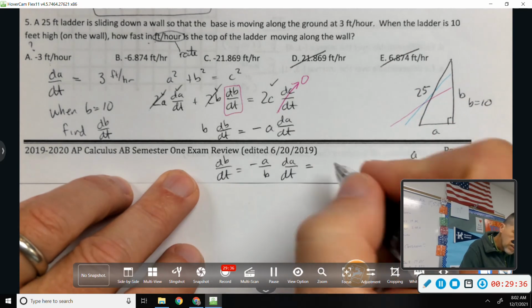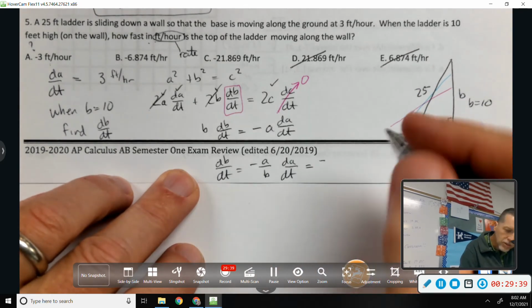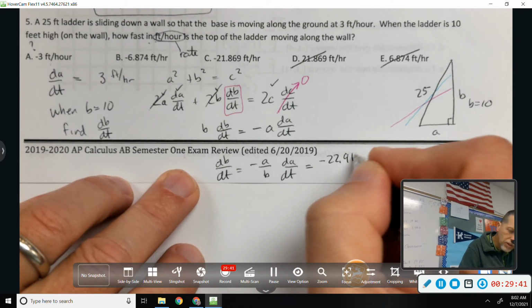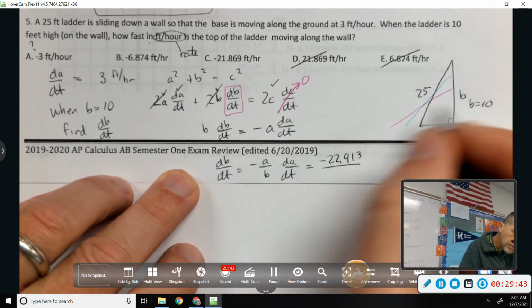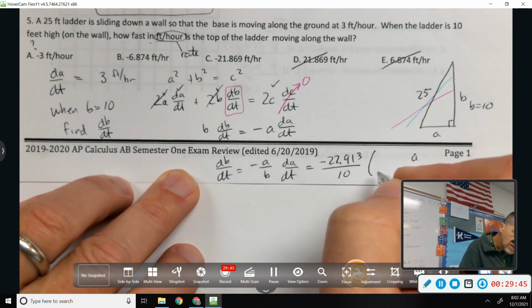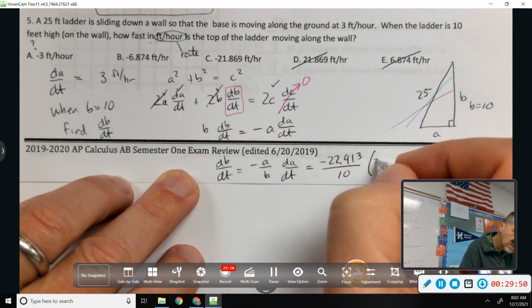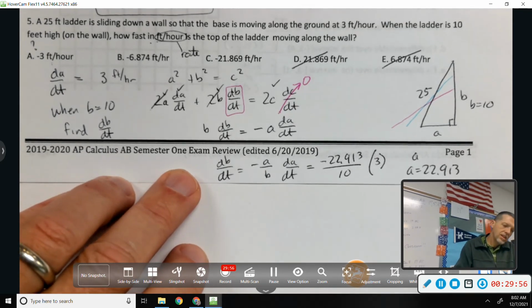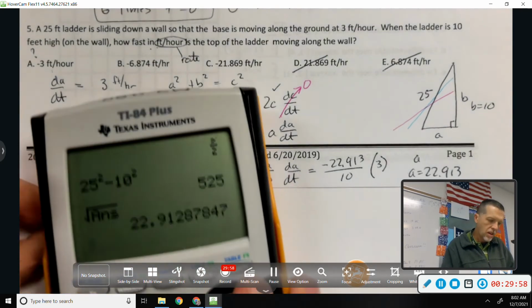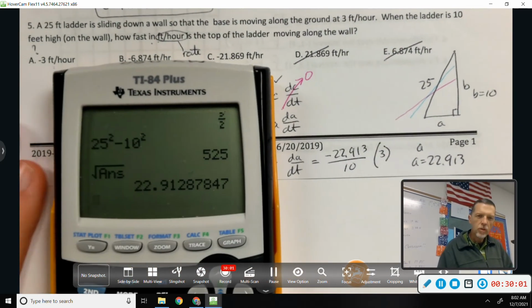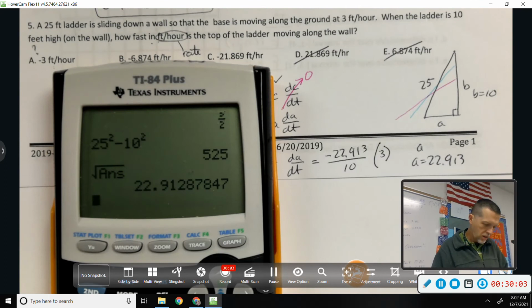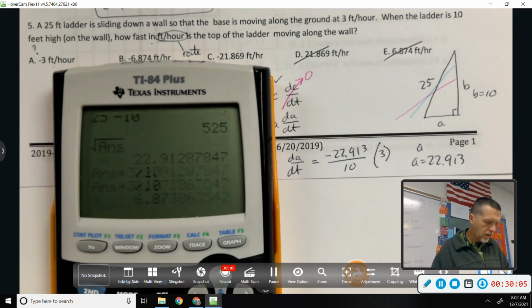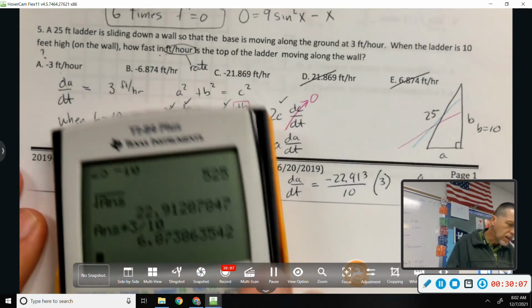So negative A was 22.913. B was 10. dA/dt was 3. So we will get a negative number out of that. 22.913 times 3 divided by 10. And I know it's negative.